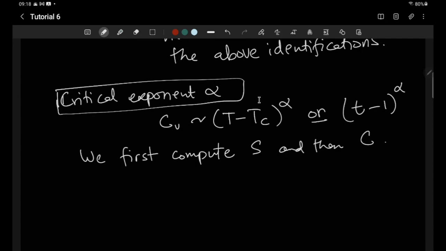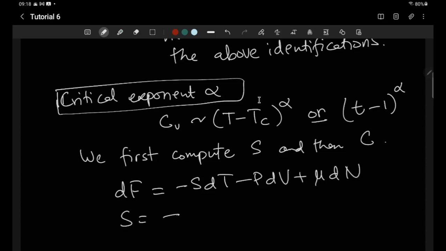Let us do that. We realize that df is equal to minus S dT minus P dV plus mu dN. So S is this partial derivative with respect to T, keeping V and N constant.